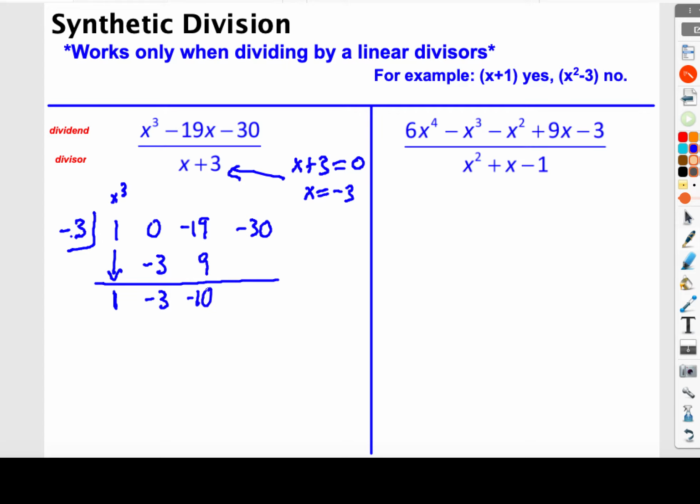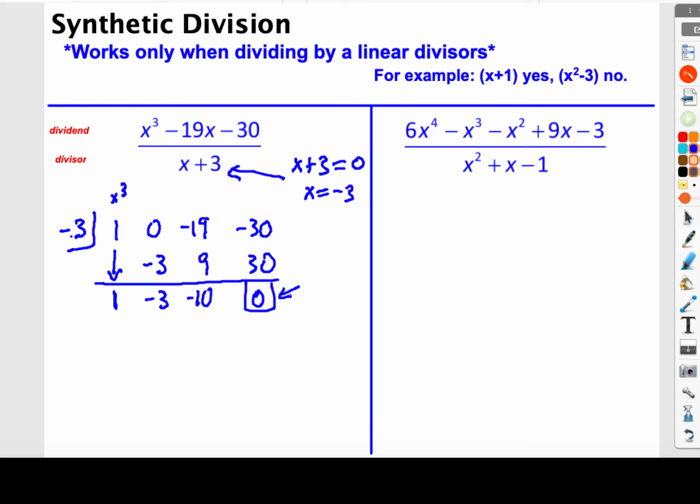I'm going to multiply again. Negative 3 times negative 10 is 30. And notice negative 30 plus 30 is 0. So it came out cleanly. This would have been our remainder, but we don't have a remainder. It went in there nice and clean, which tells us that the answer to our synthetic division problem comes from our numbers 1, negative 3, and negative 10.